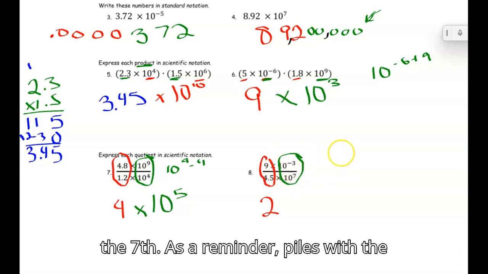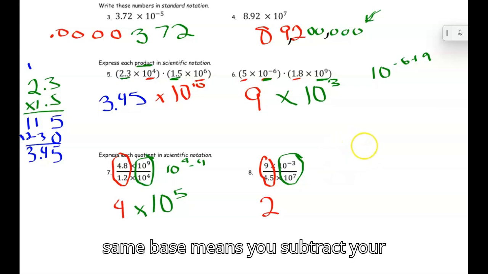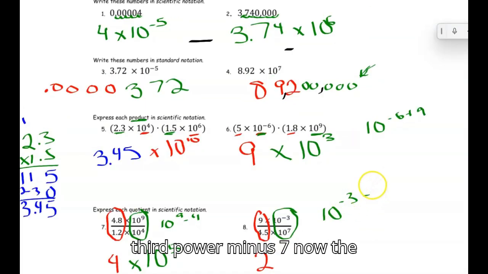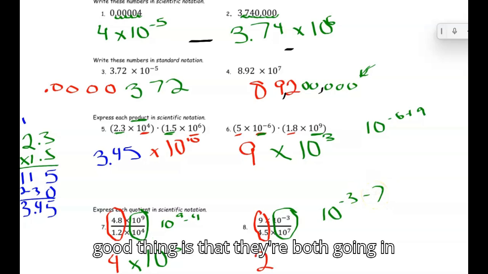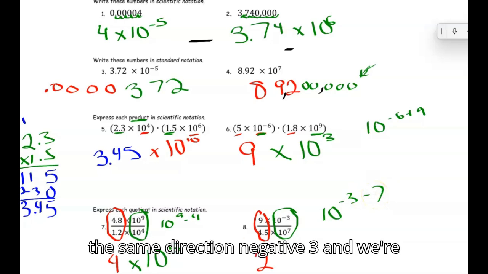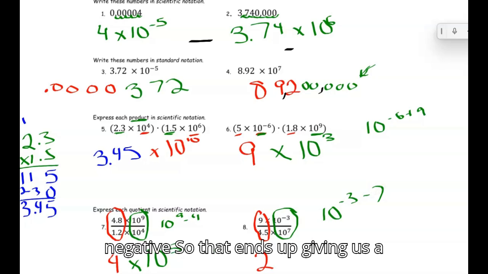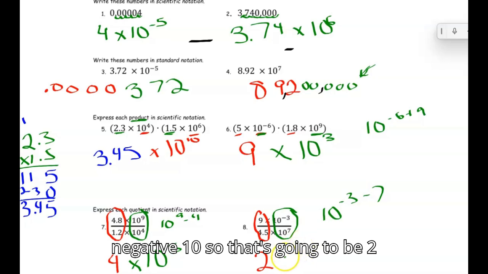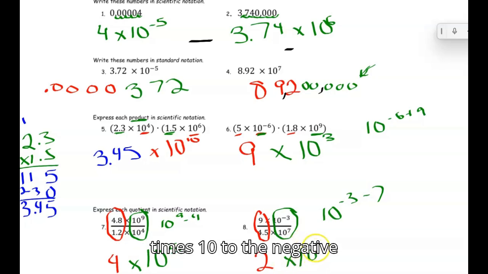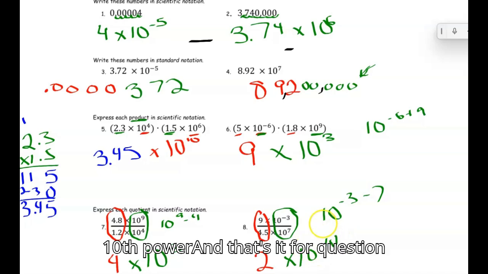As a reminder, powers with the same base means you subtract the 3rd power minus 7. Now the good thing is that they're both going in the same direction, negative 3, and we're subtracting 7. We're going more negative. So that ends up giving us negative 10. So that's going to be 2 times 10 to the negative 10th power. And that's it for question number 8.